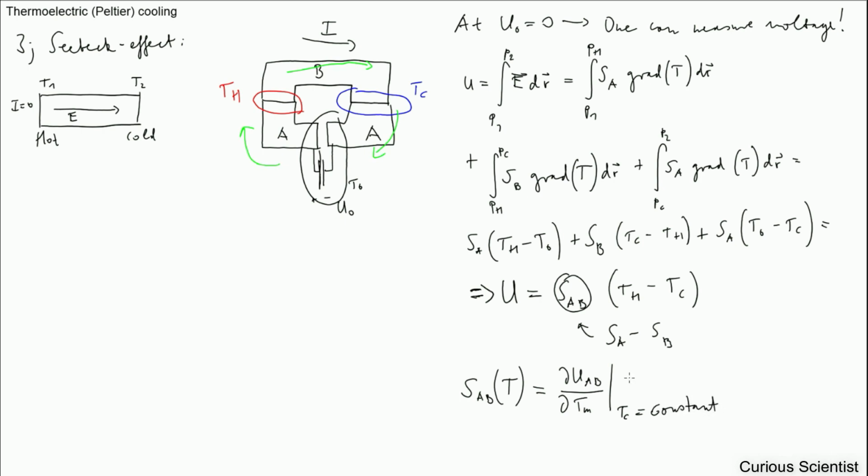So actually you can measure your Peltier device's Seebeck coefficient by keeping the warm side at a constant temperature, and then measuring the change in the output voltage and the temperature of the cold side.